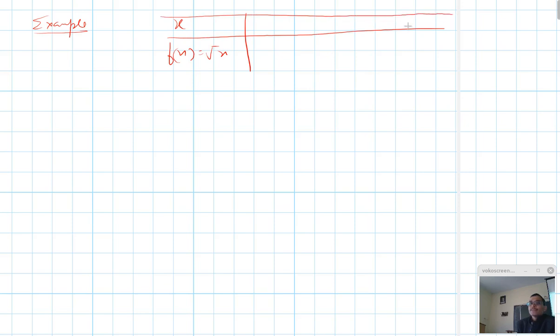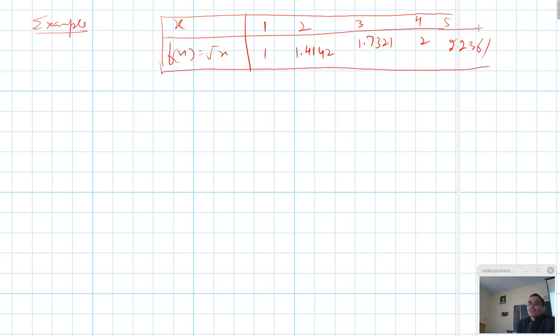For 1 its value is 1, when x is 2 then it is 1.4142, for 3 it is 1.7321, for 4 it is 2, and for 5 it is 2.2361. So say this is the set of data points we have. It may be any experimental data, right?